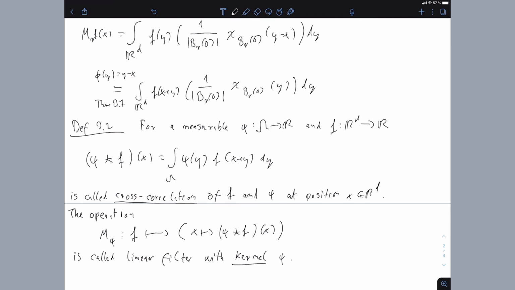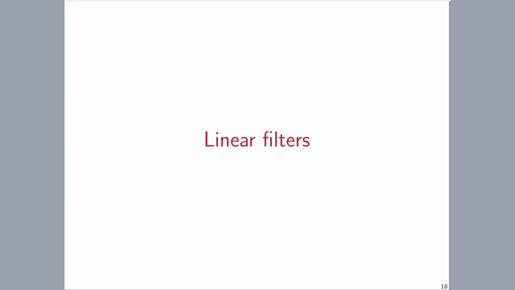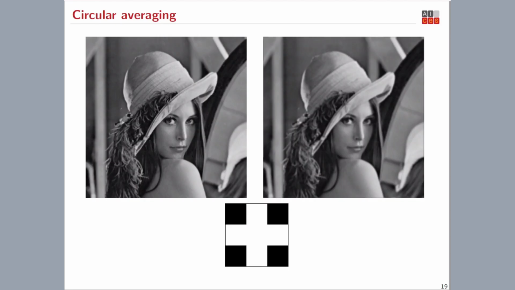Some examples that I can show even before we look at the discrete version, as this is all still continuous. So on the left is the input. The bottom here shows the psi, and this here is now just a circle rounded to full pixels.